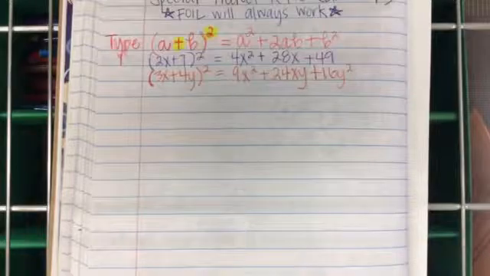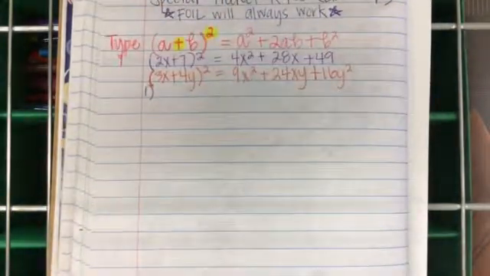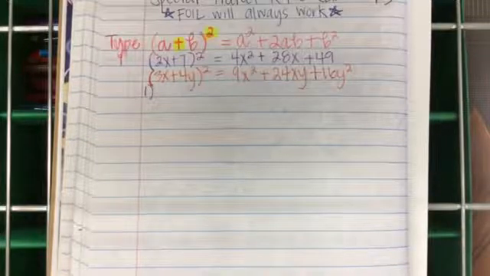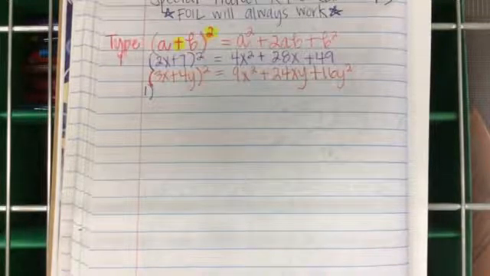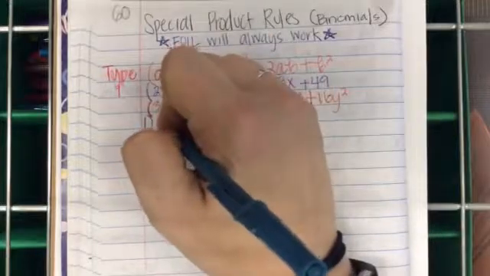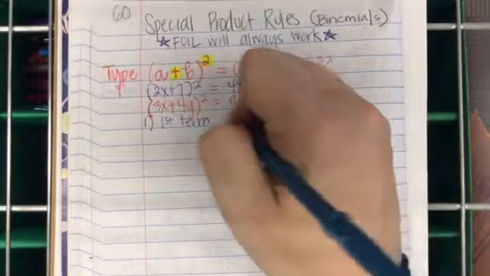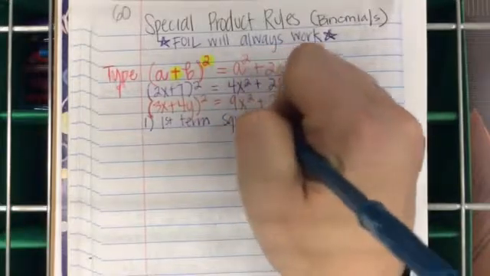So if we write it out in words, sometimes that helps us. If it is a binomial that's being added and that binomial that's being added is being squared, it looks like this. It's the first term squared.